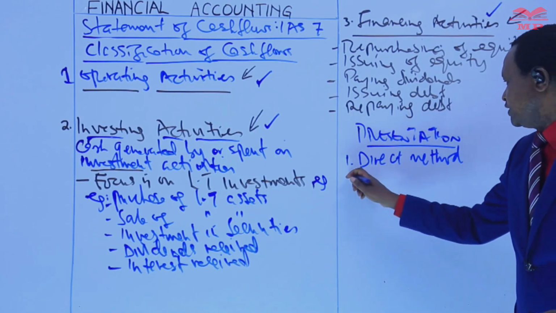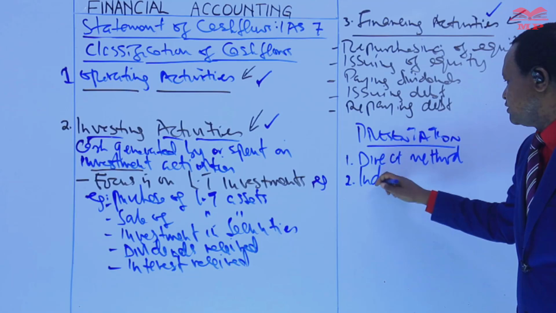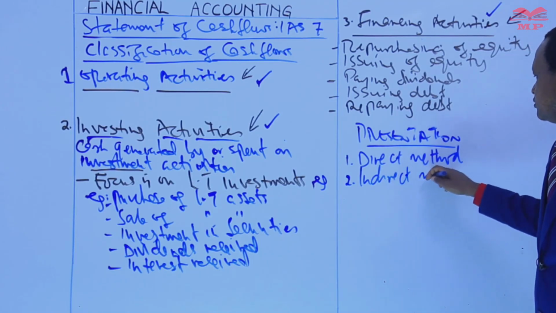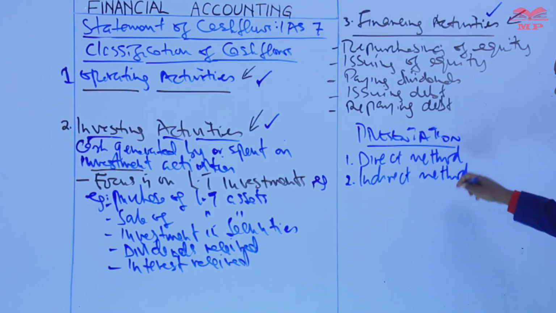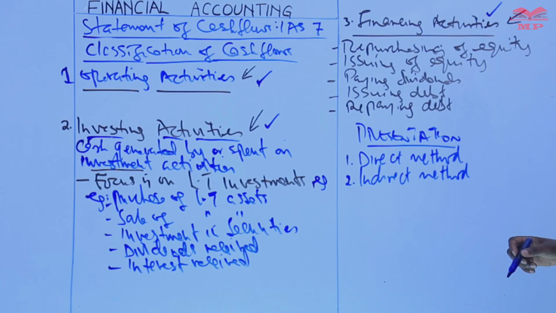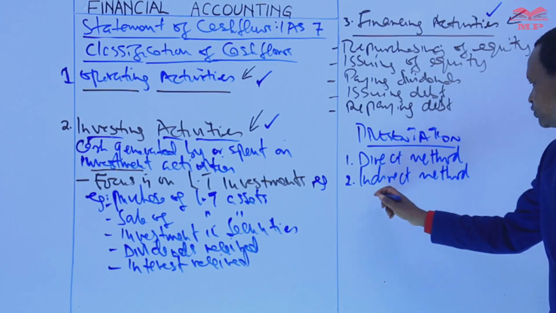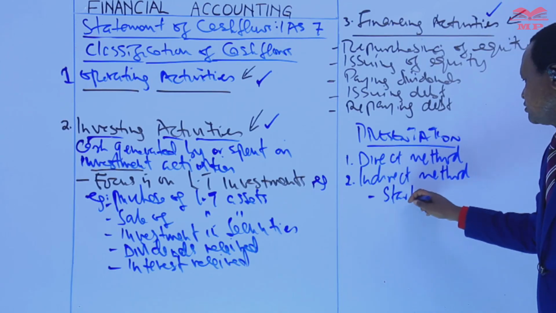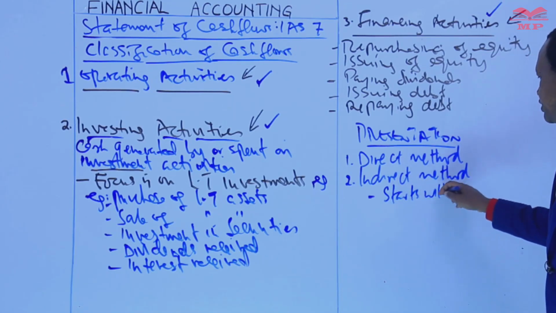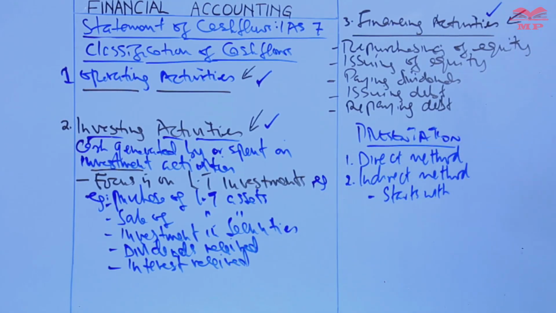Then you have the indirect method, which starts with the net income. This one starts with the profit before tax, or the net income.